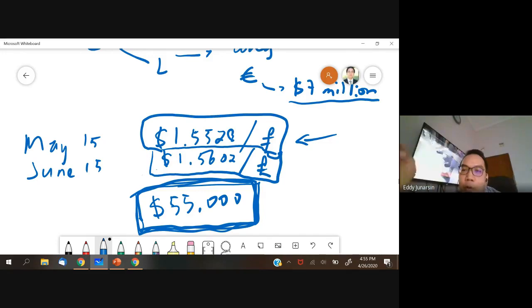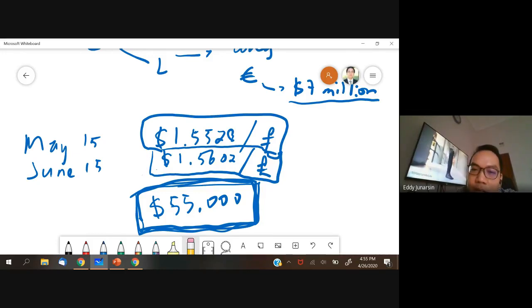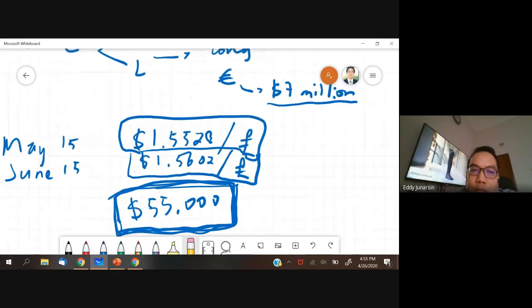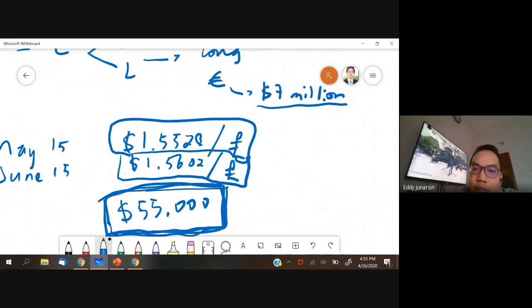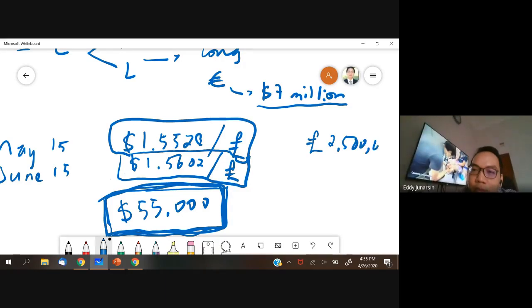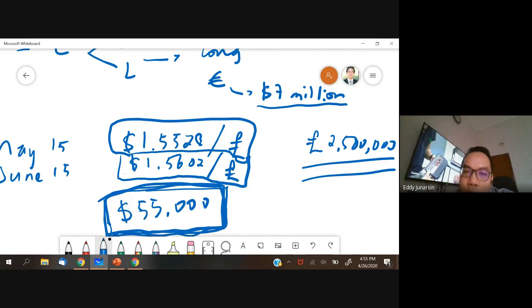So pound has become more expensive, right? Has appreciated against the US dollar. So if you have a net position of positive 2.5 million, now you can imagine, right? Are you happy as a US corporation or US bank? Certainly not, right? Certainly not, because you know that for the last 1 month, pound has appreciated in value against the US dollar. So pound has become more expensive.